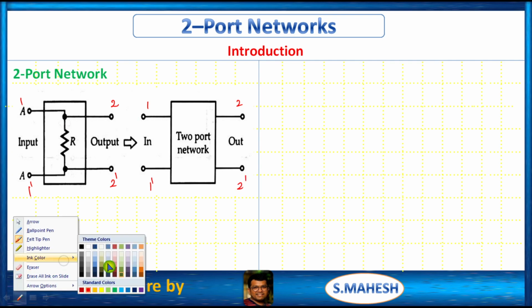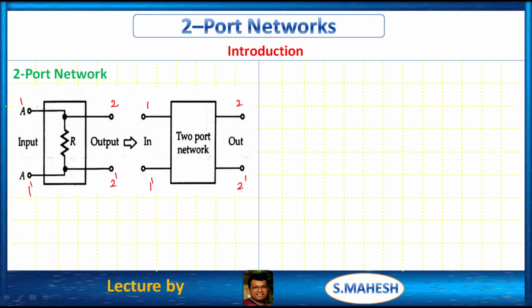Here the current, let us say, is I1, and the same amount of current leaves from the other terminal. Like that, at the output side the current I2 enters, and the same amount of current leaves from the other terminal of that side.